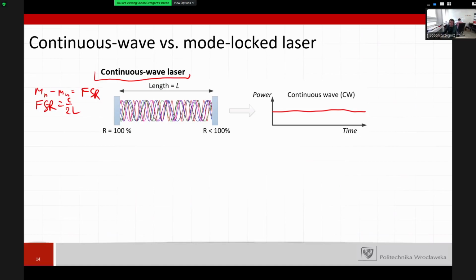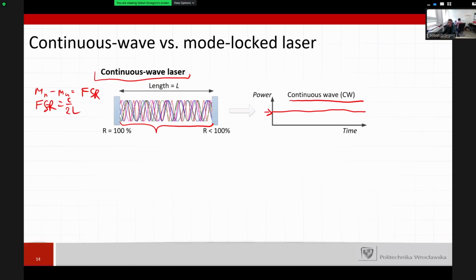If we have no fixed phase relation between all the longitudinal modes, and we have many longitudinal modes in the laser, the fields will just add together, but if there is no fixed phase, the interference between all these modes will be incoherent. This will be just an incoherent sum of all the intensities of the longitudinal modes oscillating inside the resonator. So on average, this will sum up to a constant output power, which we call continuous wave, CW.